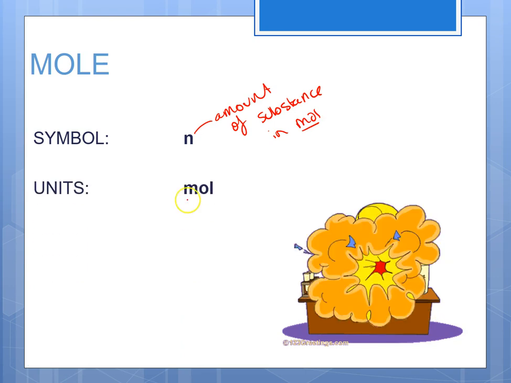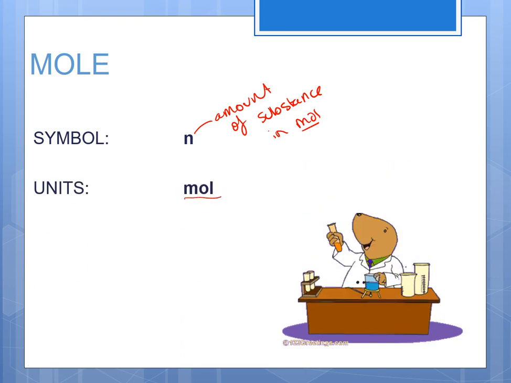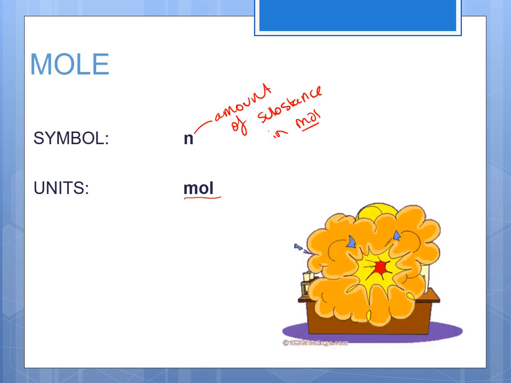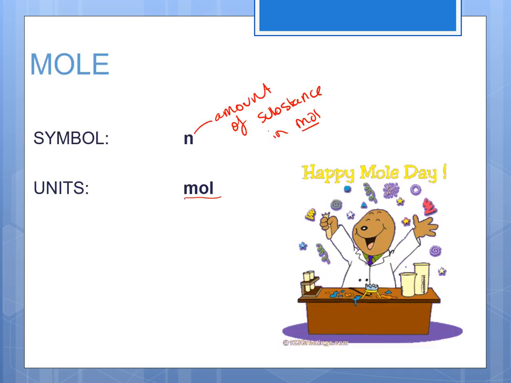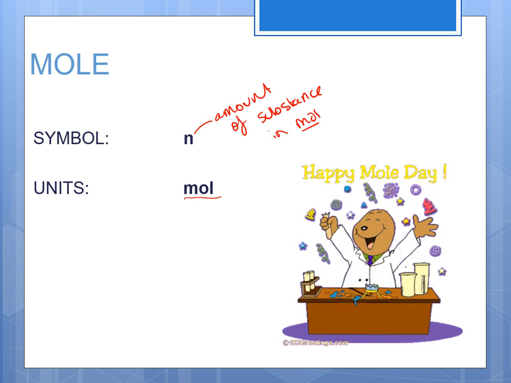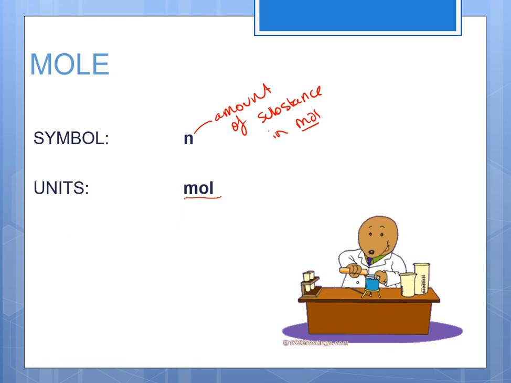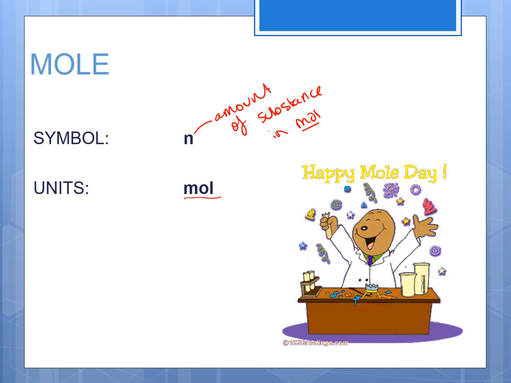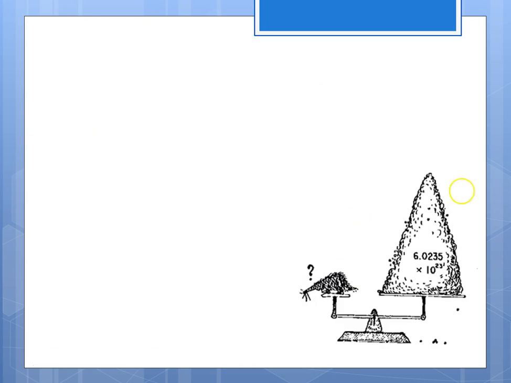So its units are mole, M-O-L, without the E on it. There are a number of equations that we will come into contact with over the course of the next year, but little n in chemistry is always the number of mole and it has the unit MOL.